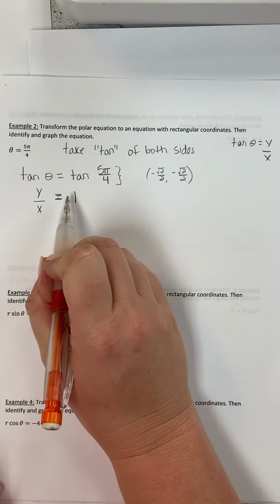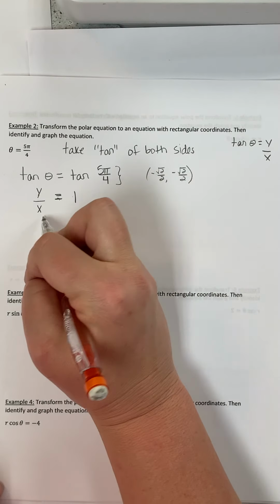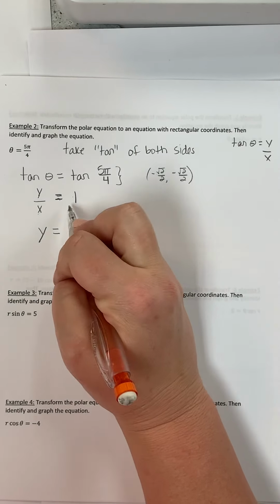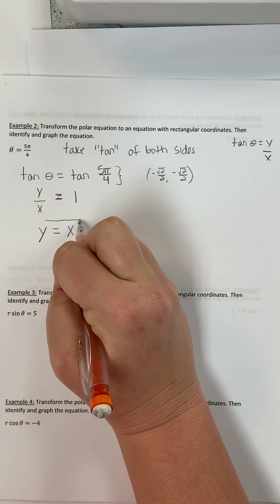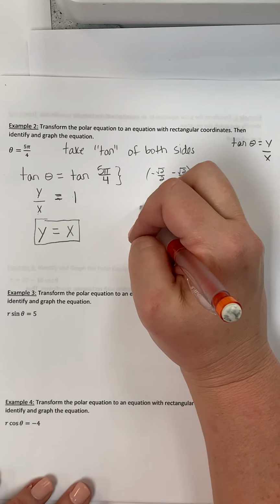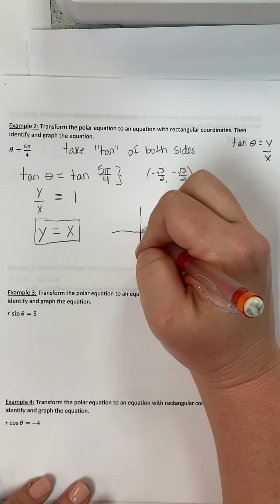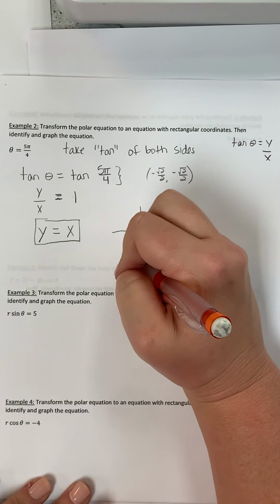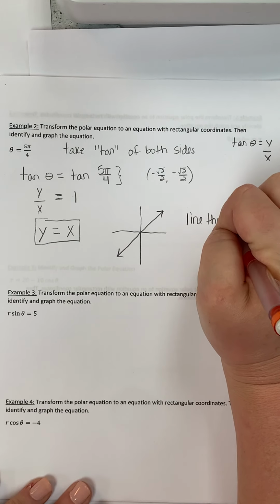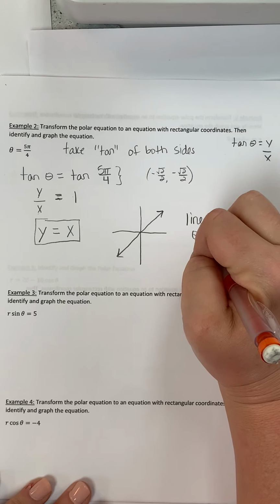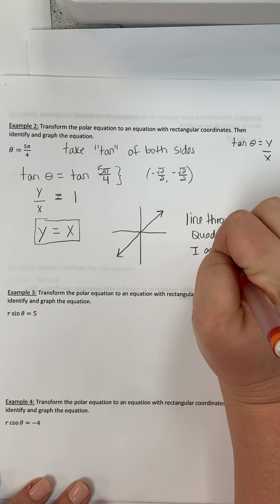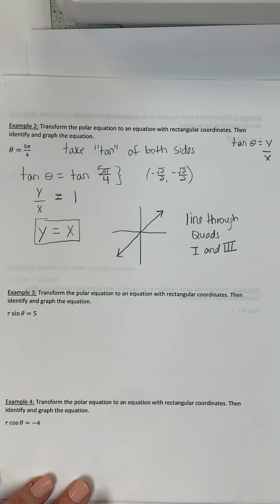If I multiply both sides by x, or if I just shoot them over, however you'd rather do, I get y equals 1 times x, or just x. And there it is. That's that little rock star equation that takes us through a line through quads 1 and 3.